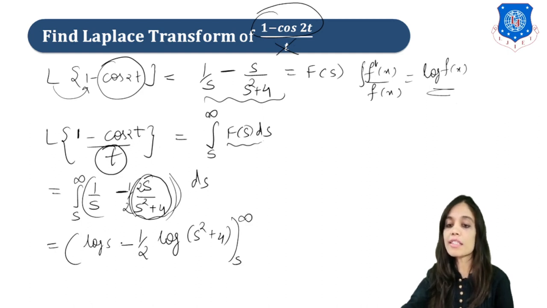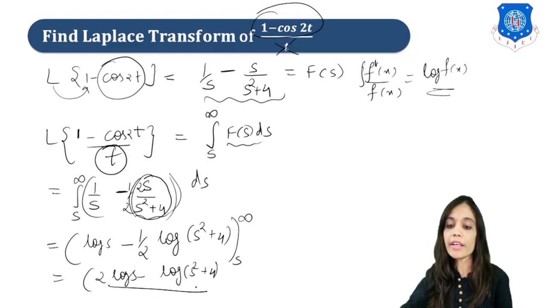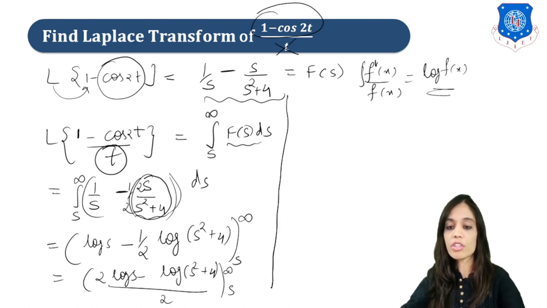Now let us firstly simplify this. So what we will take firstly, LCM. So we will have 2 log s minus log s square plus 4, right, and upon 2, s to infinity. Now 2 is constant, right? So let us put it outside. So 1 upon 2. Now this can be written as what? Log s square.